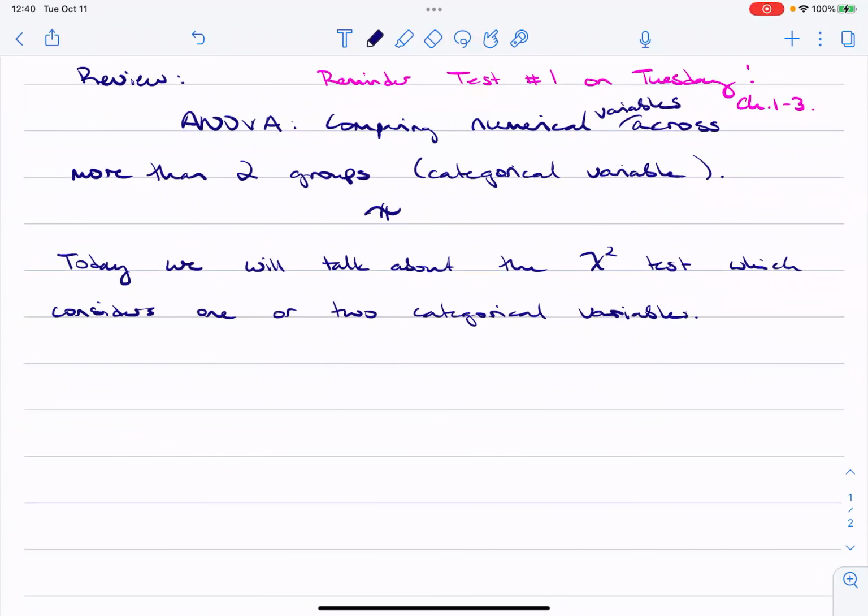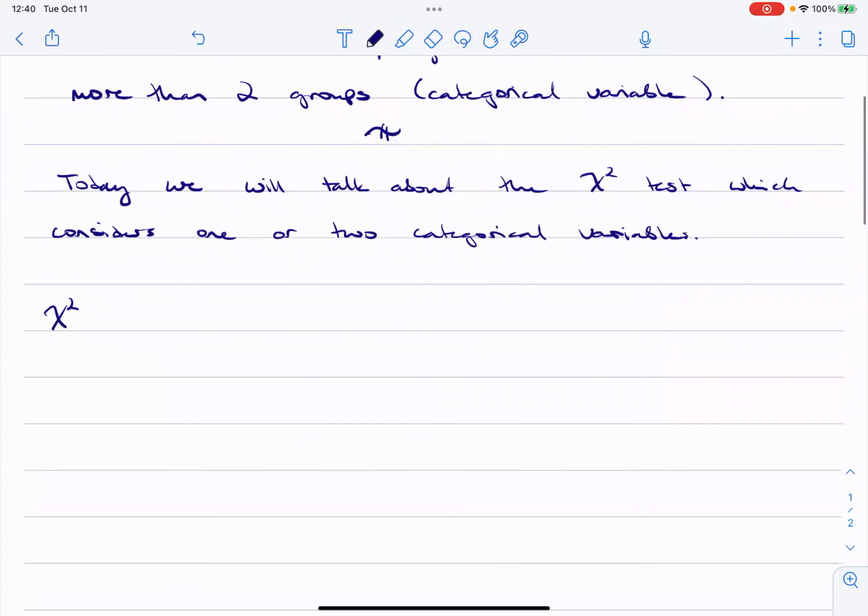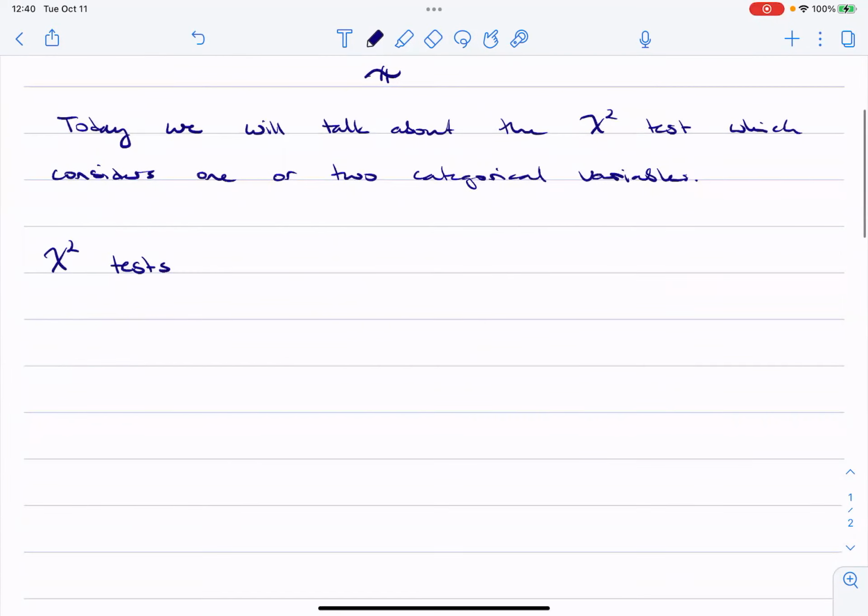So a chi-squared test compares counts across groups.